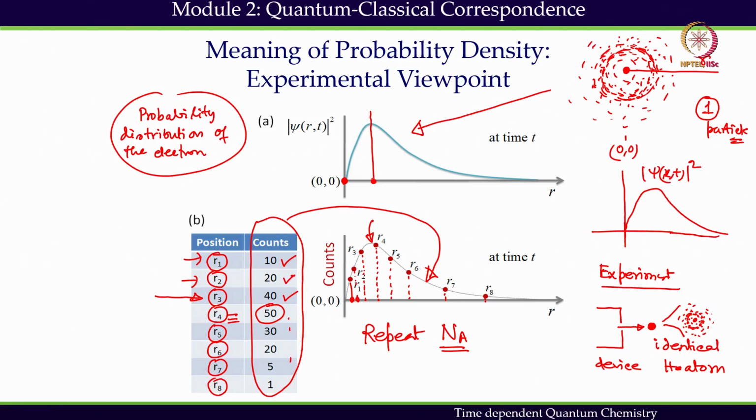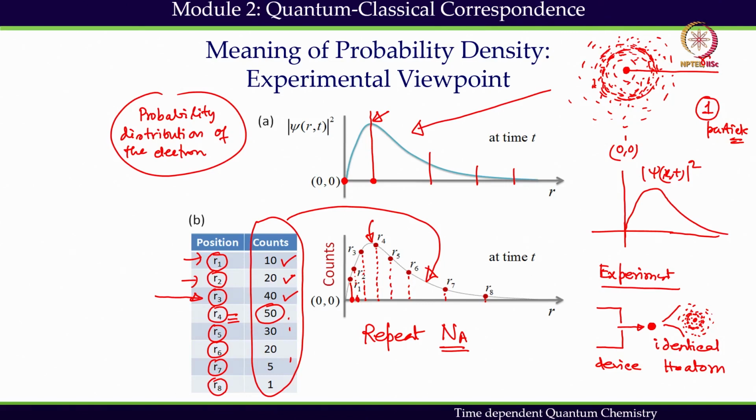I can get this position, this position, this position, but finally, after repeating all these experiments, if I count how many times I am getting the same value, the same position, then I will see that for this particular position I will get the maximum counts in the experiment. So that's the meaning of the entire distribution function.